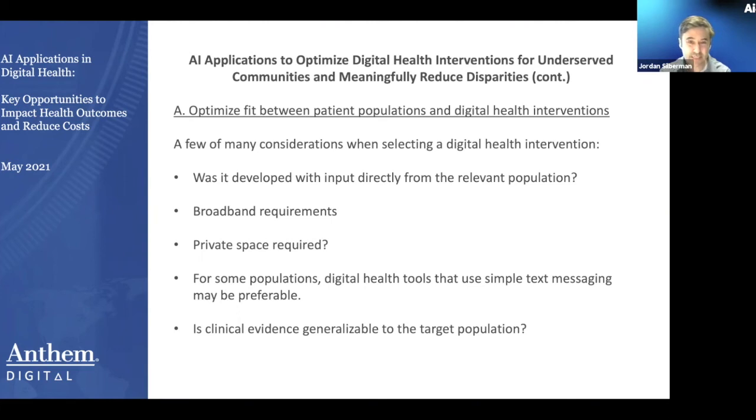So when you're choosing a digital health intervention for a given population, you ask the question, does the evidence supporting the effectiveness of that intervention generalize to the population I want to target? Did they actually study patients in their clinical trials that look like our target population?